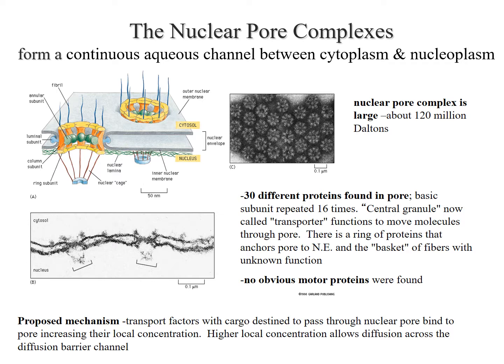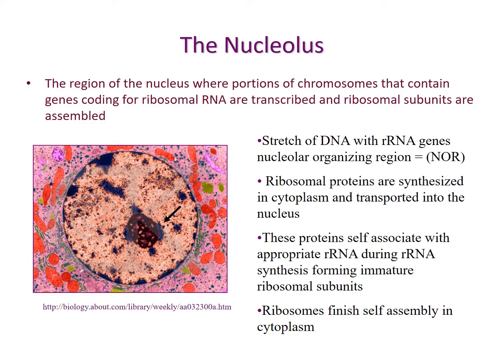And so transport factors with cargo come through, and if you're going across a gradient, it's energetically favorable if there's a lot here and a little there. But there is material that we want to go into the nucleus, and it has to go through this structure, and we'll talk more about that.